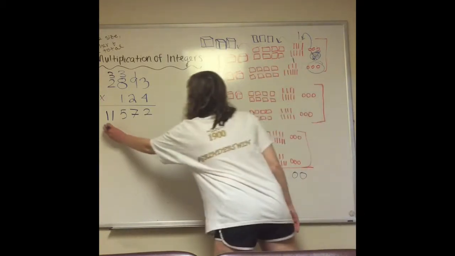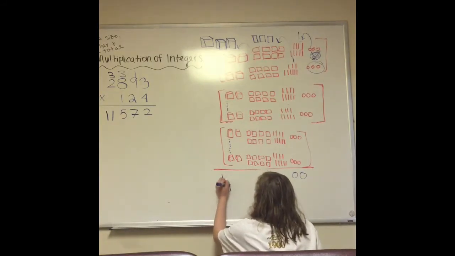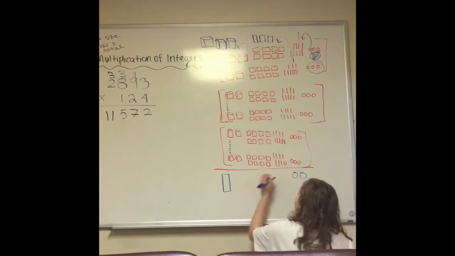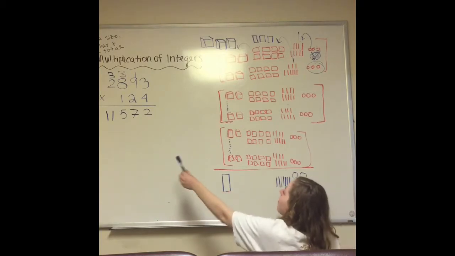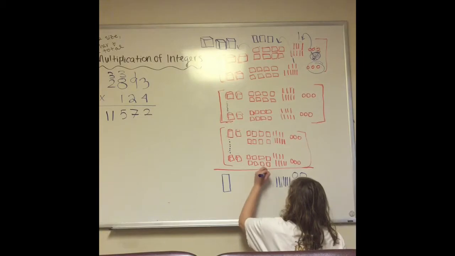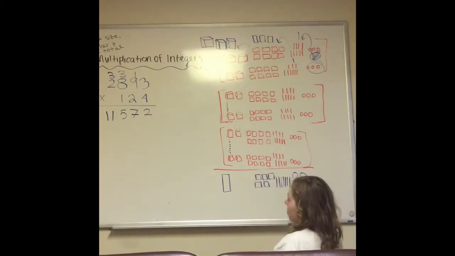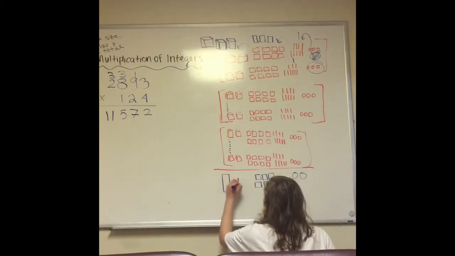So we're taking that 1, making that into a super rod down here, taking our 7 regular rods, and then our 5 flats, and then our other 1 super cube.